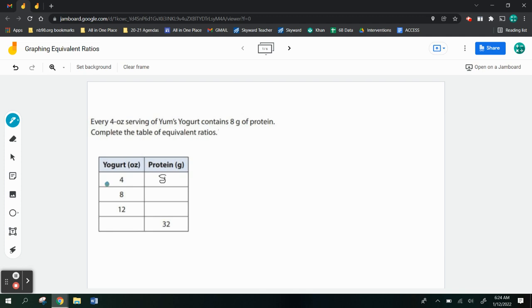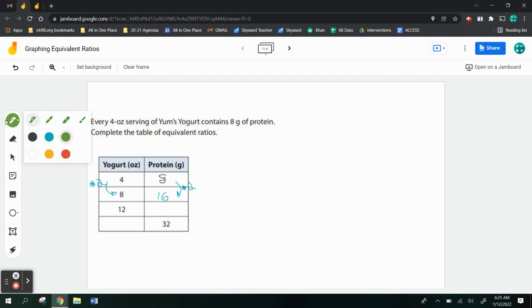So in this case, how do you go from 4 to 8? Well, right off the bat, I know that 4 times 2 is 8. So then I go to the other side and I do the exact same thing. 8 times 2 would be 16. So if I drink double the yogurt, I'm going to get double the protein. Makes sense.